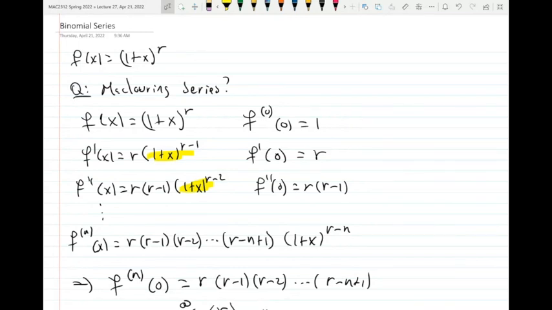So the only thing that survives is the coefficient. And what's the coefficient? The r, then r times r minus 1, then r times r minus 1 times r minus 2. So that's why we get these things here. I wanted to do this because otherwise when you see a formula, you wonder where these things are coming from. Well, they come from just taking the derivatives.